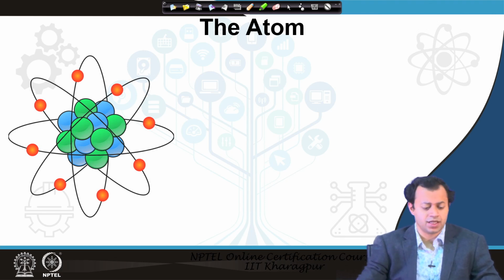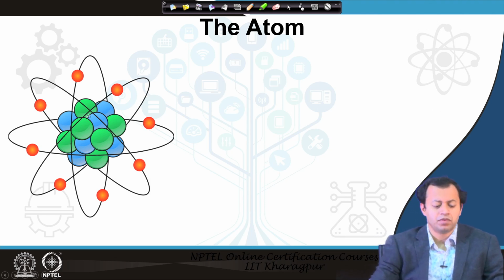It contains this nucleus, which contains positively charged protons and neutral neutrons, and it has negatively charged electrons running in a specific circular or elliptical path.